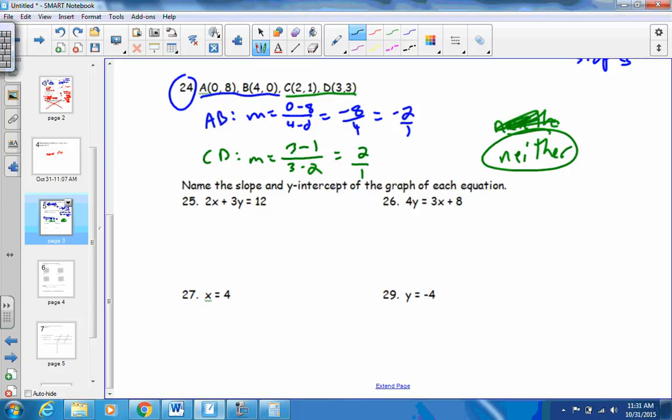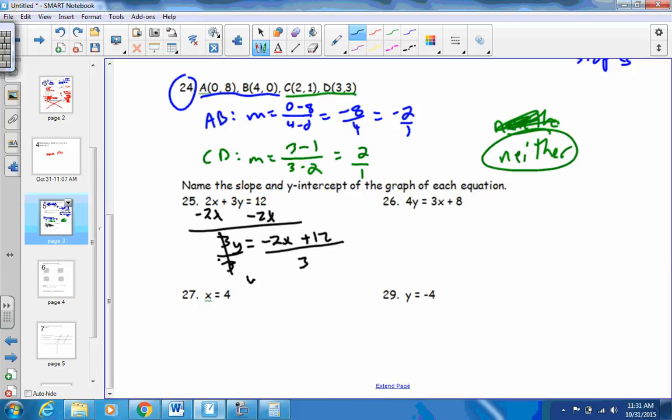So like for number 25, I'm going to subtract 2x from both sides. You end up with just 3y equals negative 2x plus 12. And you divide both sides by 3.